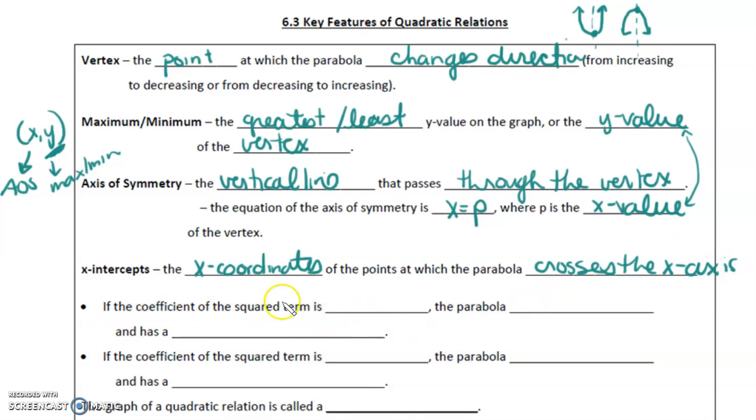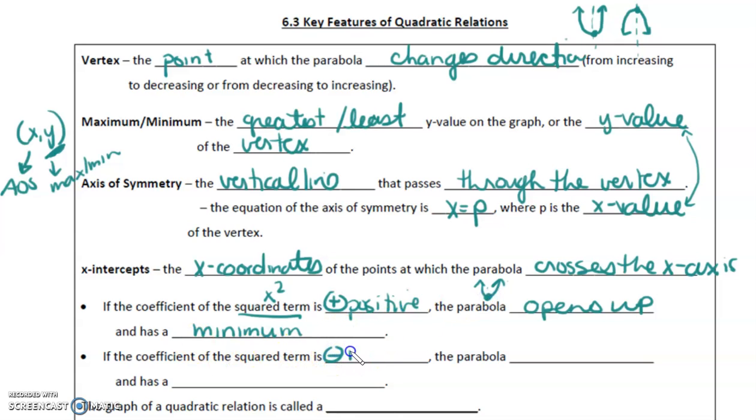So as a note, if the coefficient of the squared term, like x squared, is positive, what this means is that we have a happy face, right? Think positive, think happy. The parabola opens up, and therefore it has a minimum, because it's going down and then up.